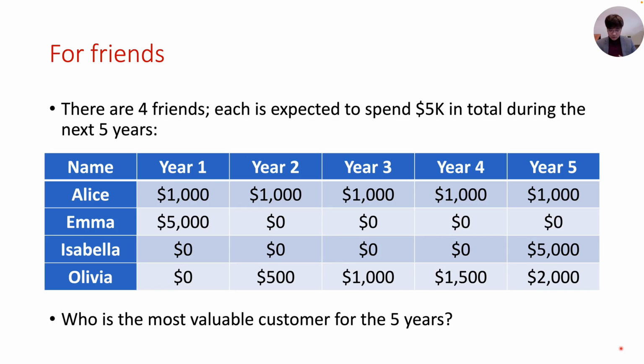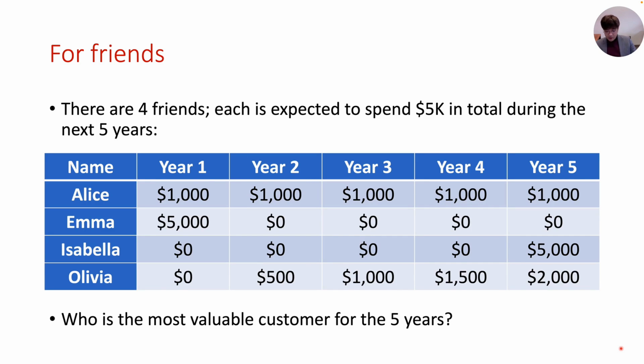Alice is expected to spend $1,000 equally in each year. Emma is expected to spend all of $5,000 in the first year, whereas Isabella is expected to spend all in the last year. Olivia is expected to increase her spending by $500 over the years.